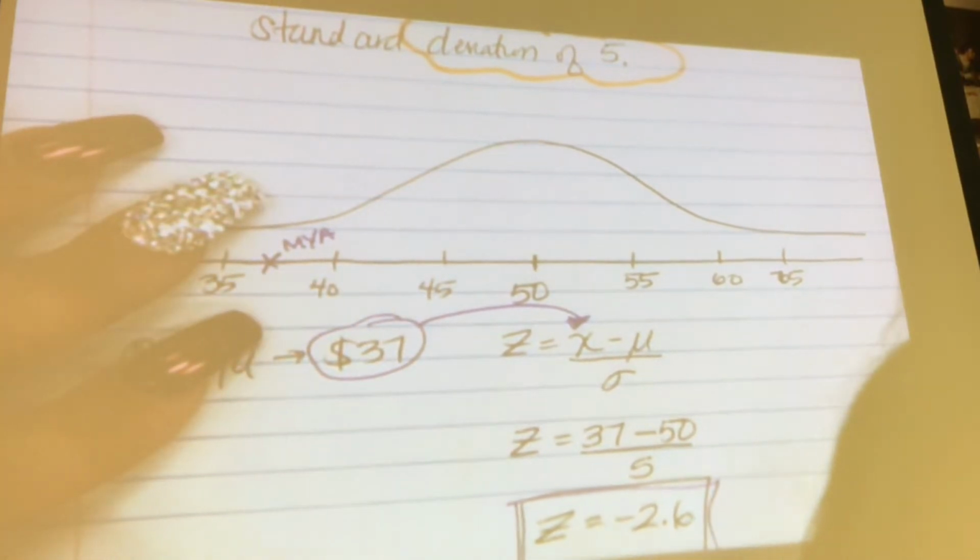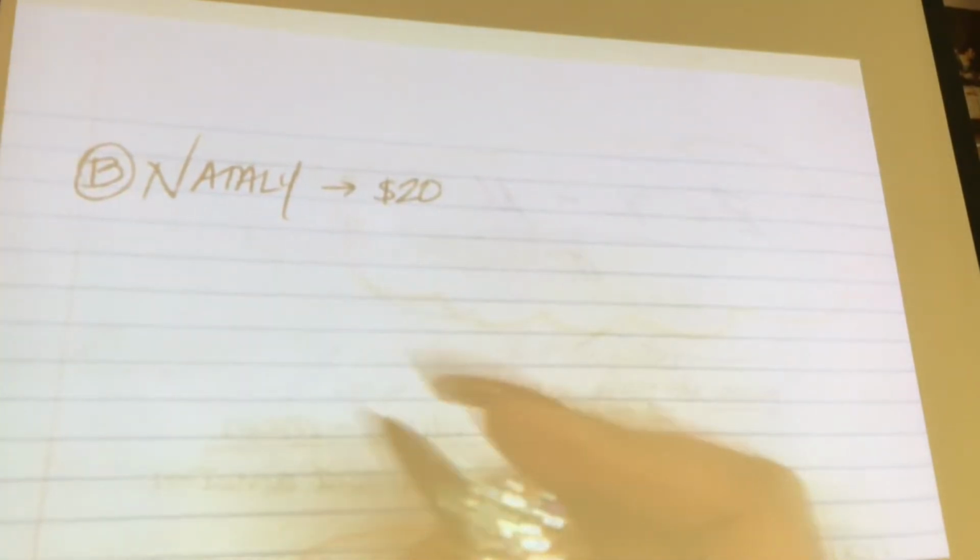All right, letter B. Let's say I gave Natalie $20. She got super gypped.